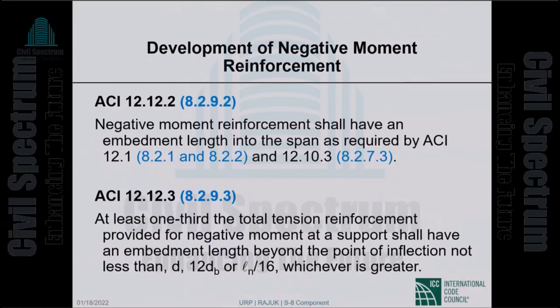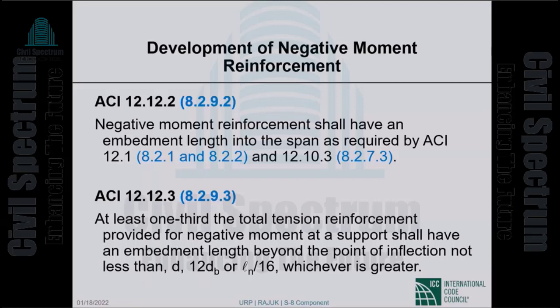Now, this is important. At least 1/3 of the total tension reinforcement provided for negative moment at a support shall have an embedment length beyond the point of inflection, not less than d, 12 bar diameters, or 1/16 of the span, whichever is greater.